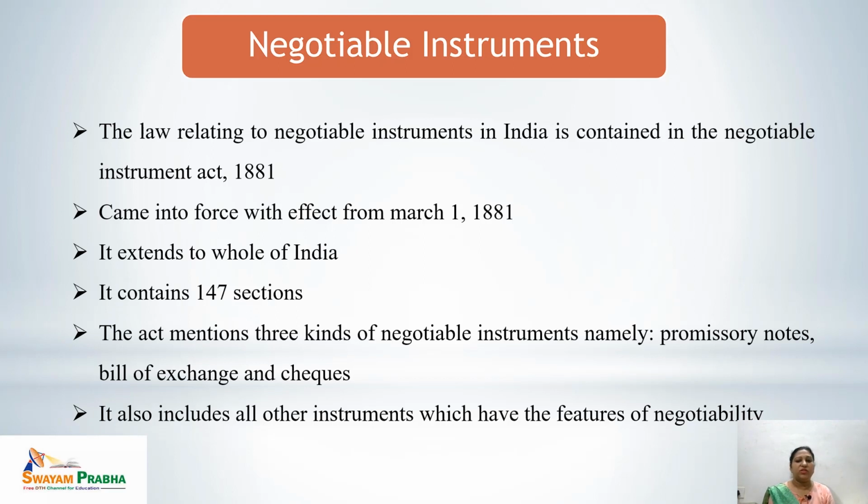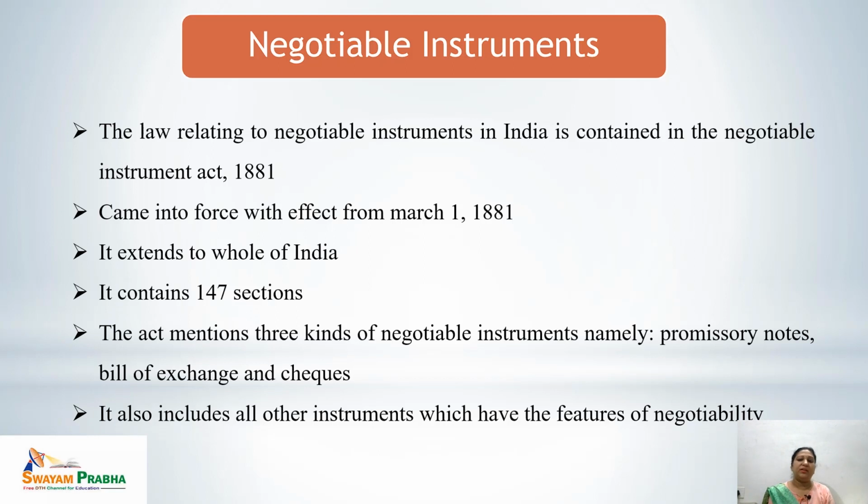So the law, which is known as Negotiable Instrument Act 1881, relates to the negotiable instruments in India. The act came into force on 1st March 1881, and this act extends to the whole of India, including the state of Jammu and Kashmir. The act contains a total of 147 sections in which there are different definitions and different provisions for the operation of the negotiable instruments in India.